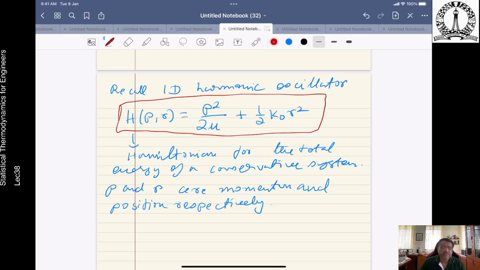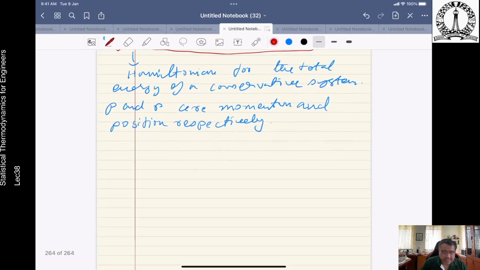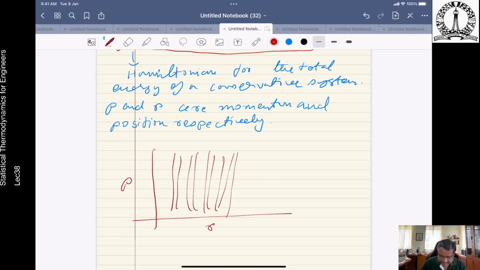The phase space diagram will be something like this. You have the momentum and the position, and you can represent different values of the energy. This is p, this is r, and each cell is like a dr and a dp.